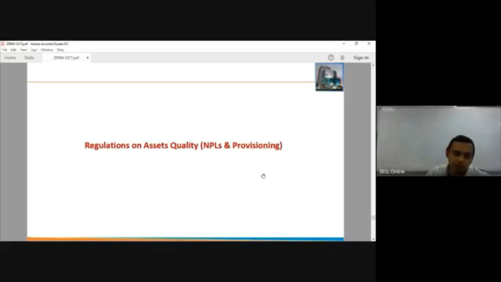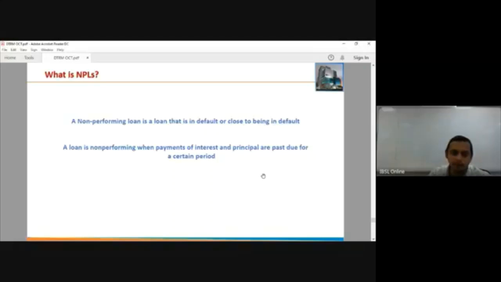If people fail to pay back for a certain period, then banks are required to take that loan out of their loan book and put it in a separate book called the non-performing loan book. In simple terms, NPLs, and for those NPLs, banks are required to make provisions, right?